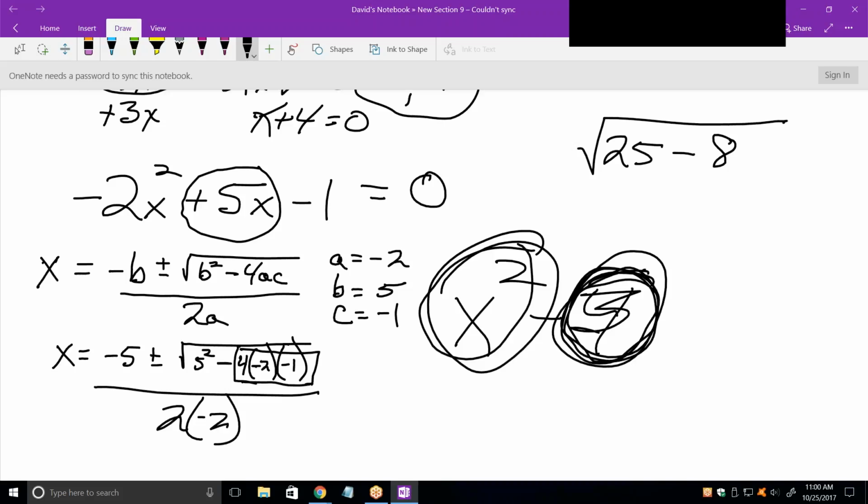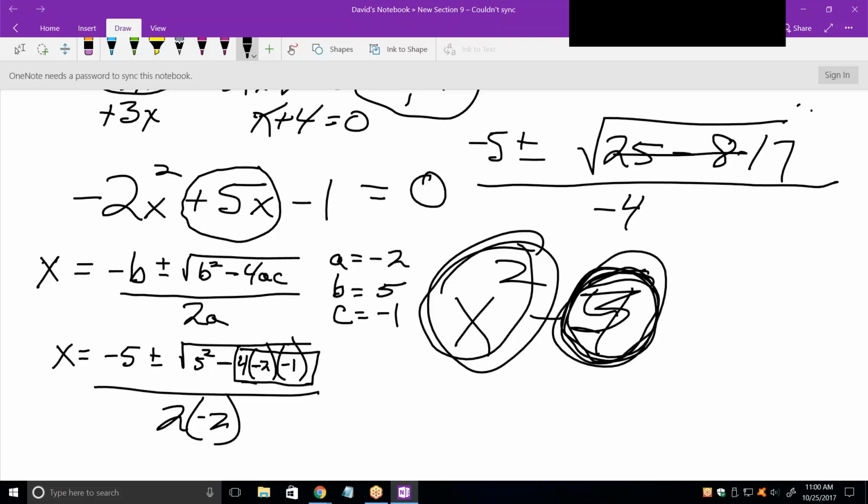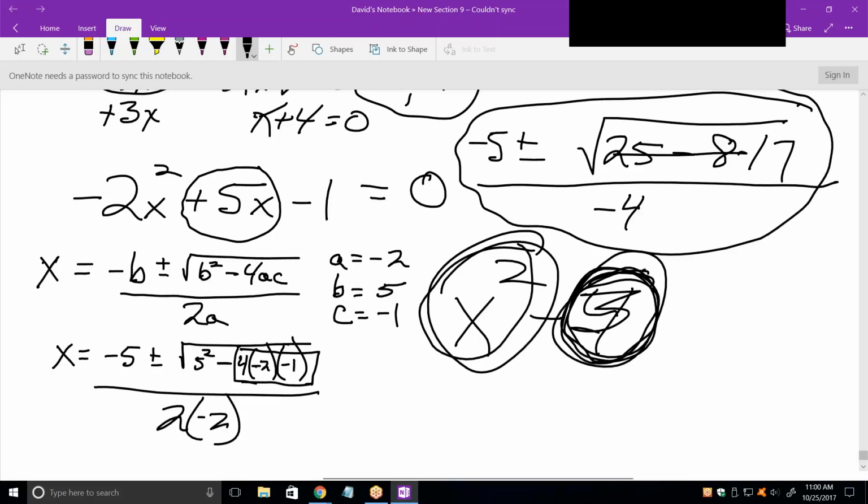Now, we still have our negative 5 plus or minus that, and that becomes 17. So let's replace that with 17. Negative 5 plus or minus square root of 17 over negative 4. And since I can't simplify square root of 17, that's my final answer.